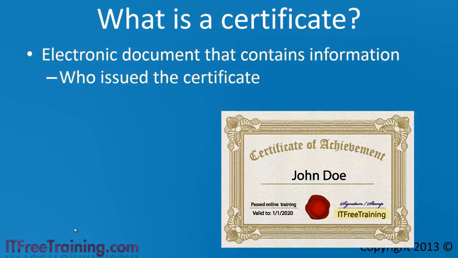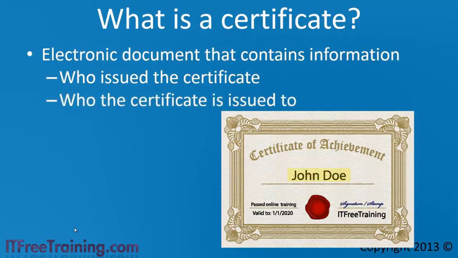The next point of interest is who the certificate was issued to. The certificate shown here was issued to John Doe. Like a physical certificate, an electronic certificate is issued to someone or something. For example, an electronic certificate could be issued to a user, computer, device, or web page.